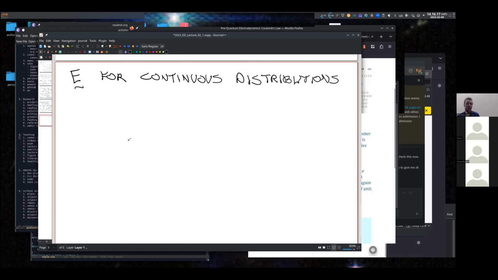So another abstraction that we're going to use, which you've used before, are the abstractions of volume, surface, and line charge distributions. So there's going to be a rho of R, which is a volume charge distribution.